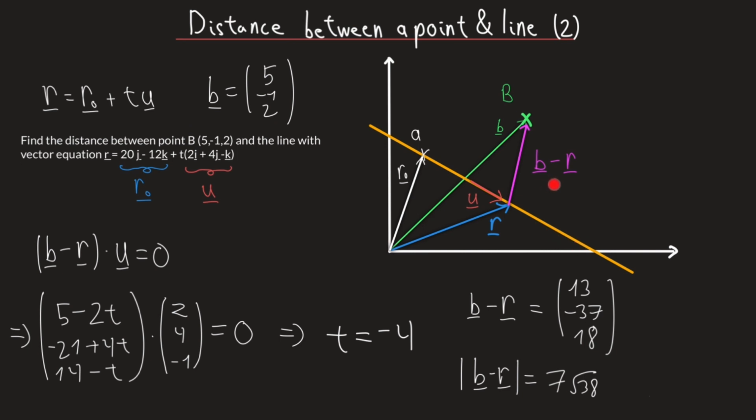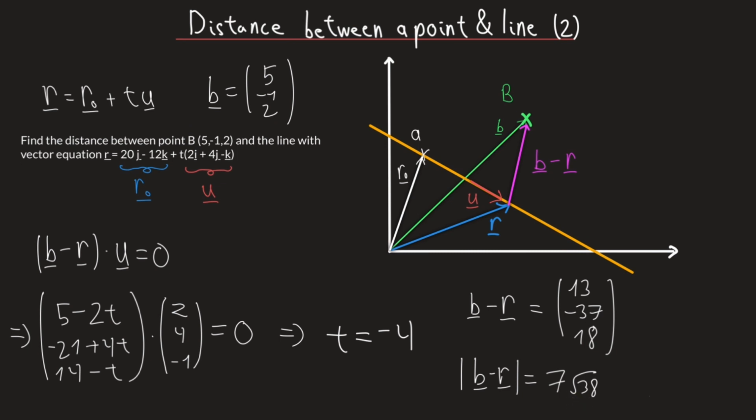And we impose a condition that b minus r has to be perpendicular to our direction vector u, because our direction vector is parallel to our line. And if we impose this condition, then the difference vector b minus r will be a specific vector with certain coordinates. And these coordinates were found using t equals -4. And hence, by computing the magnitude of this vector, we get our distance.